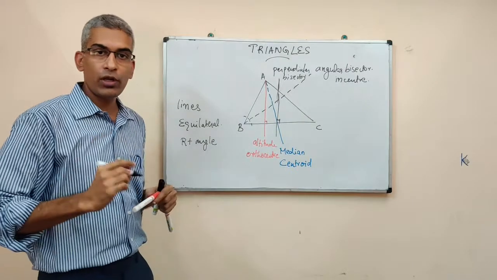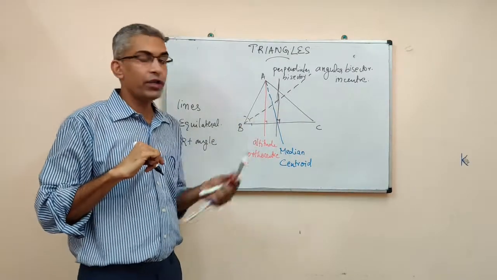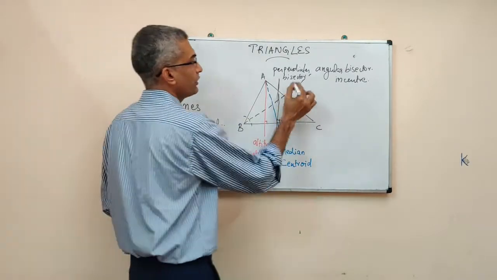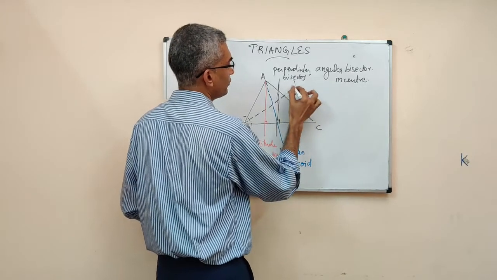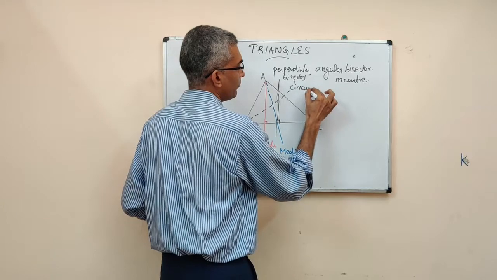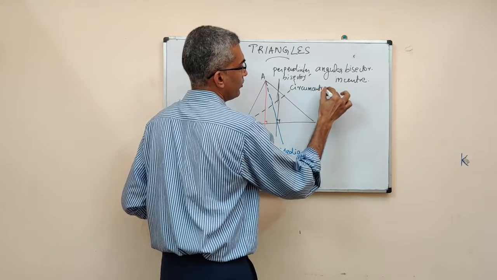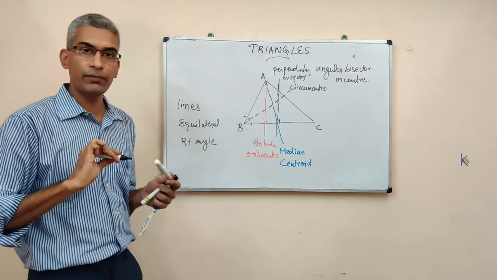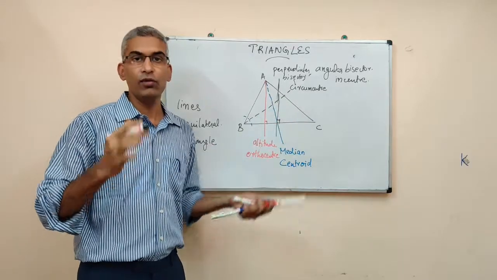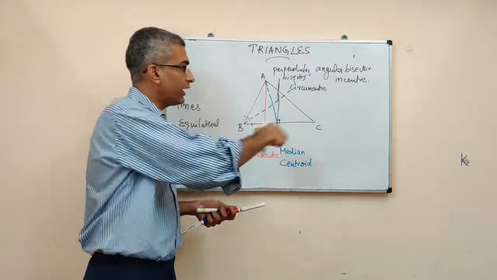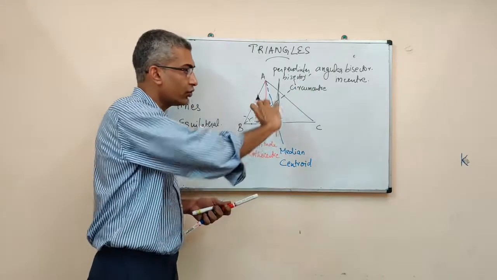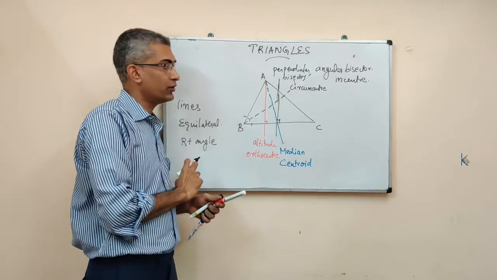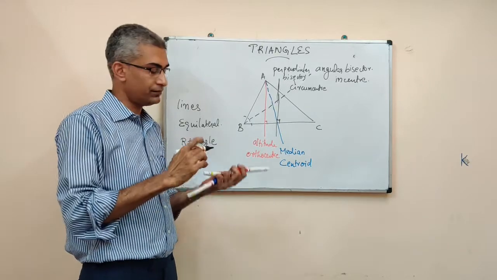There will be three perpendicular bisectors. The meeting point of the perpendicular bisectors is called the circumcentre. We'll use the circumcentre to draw a circle around this triangle. We'll use the incentre to draw a circle within this triangle and so on.